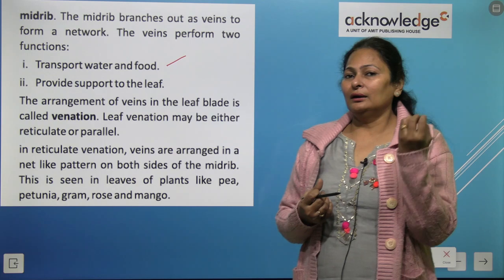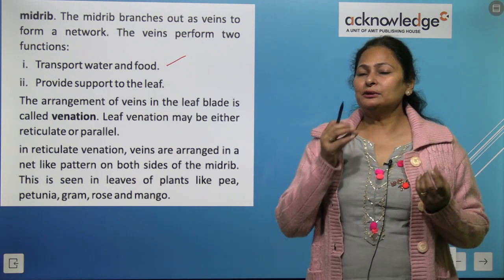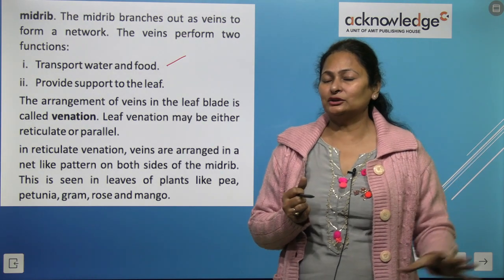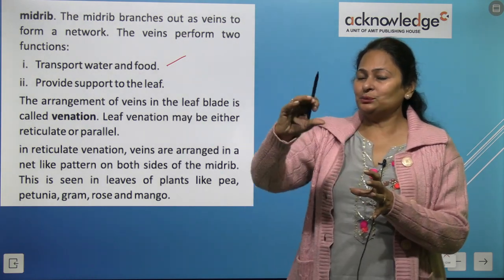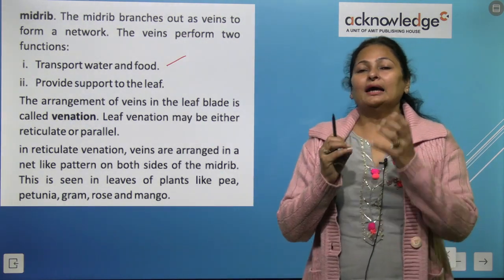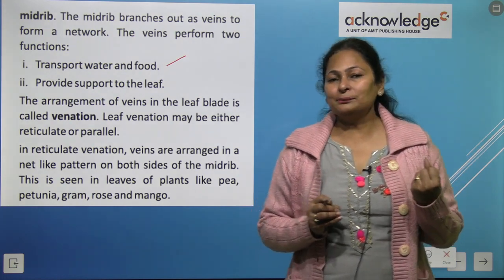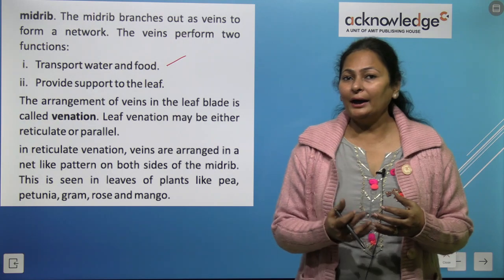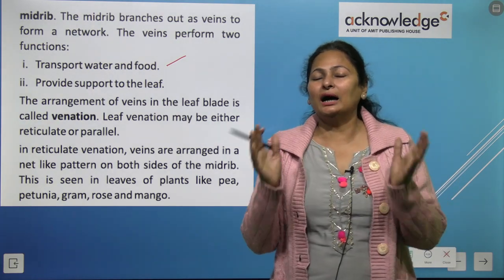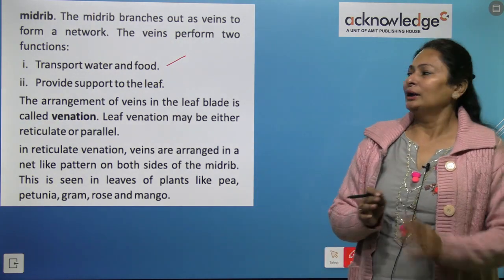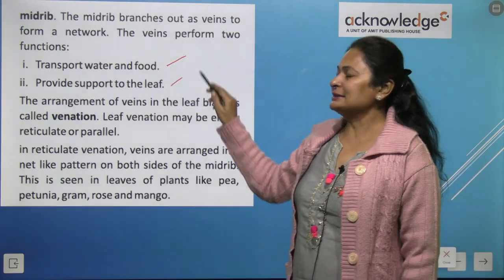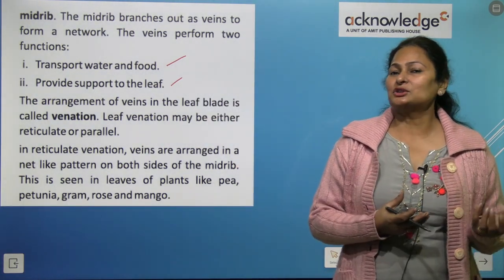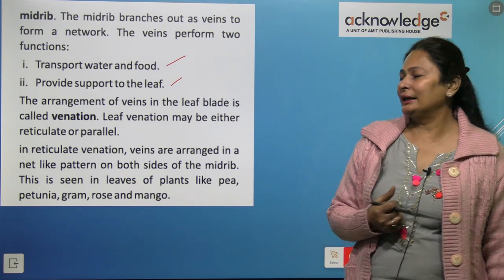Some veins are responsible for transferring the water and minerals that the root has transferred to the stem, while others are responsible for transferring the food which is prepared by the leaf to the other parts of the plant. Next, veins provide support to the leaves. So these are the functions of veins in leaves.